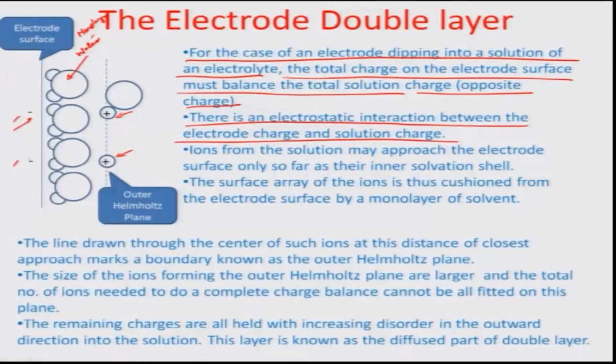Please be aware again that this charge is bound, so it cannot really go into the solution unless there is a species which leaves with an excess electron or an electron deficiency into the solution. So, it is always a bound charge that we are talking about, which is interacting with free charge, like ions in the solution.